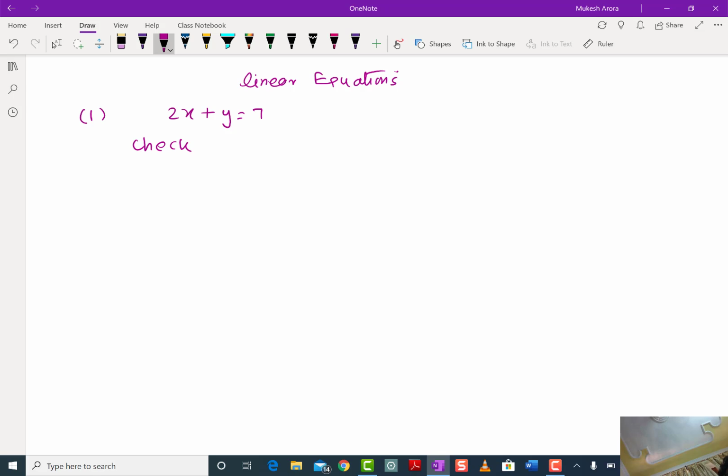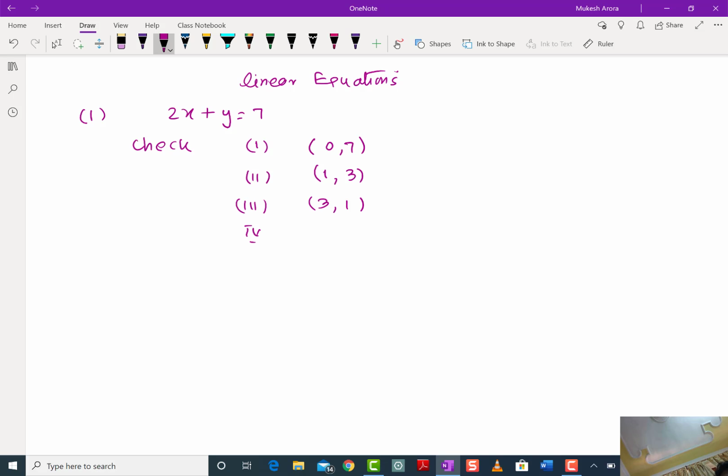Check whether (0, 7), number 2 (1, 3), number 3 (3, 1), number 4 (2, 2) are solutions of the equation.